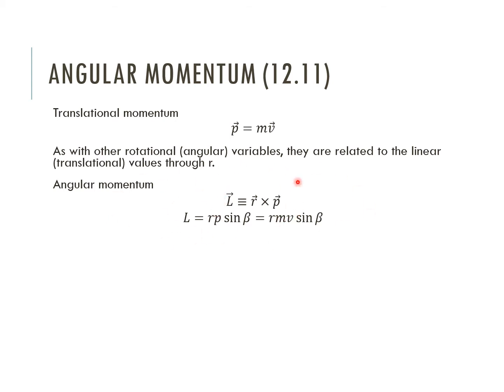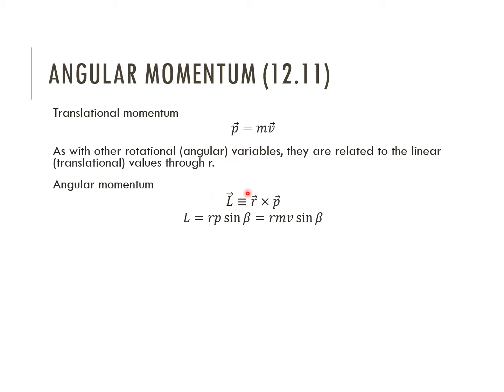Here we have our cross product for angular momentum, where the angular momentum, which is given capital L as its variable, is equal to the cross product of r, usually a full length distance, or where the object is with respect to the center, cross p, which is the translational vector, or the translational momentum.